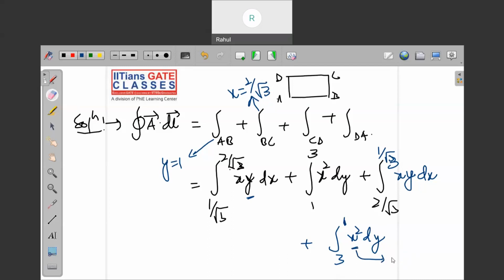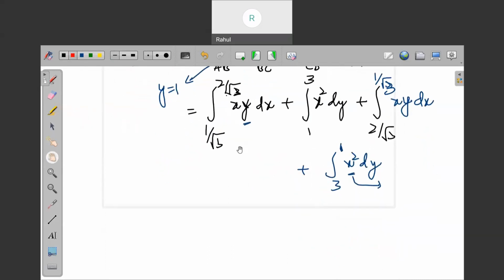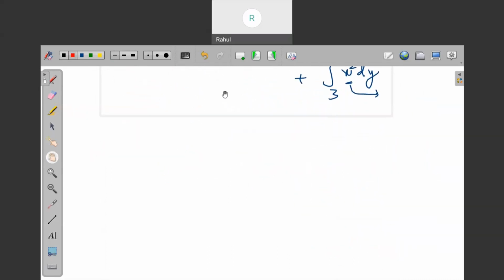So let me substitute all the values. The next step is going to be like this.